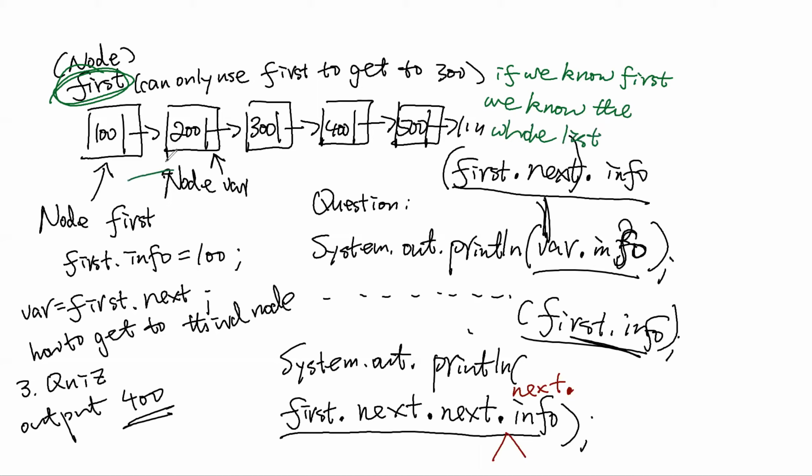We can always go through first to get to all of the remaining nodes. So we don't need other information for this linked list data structure. You just need to know the first node. That's it. Okay, so that's the concept about linked list.